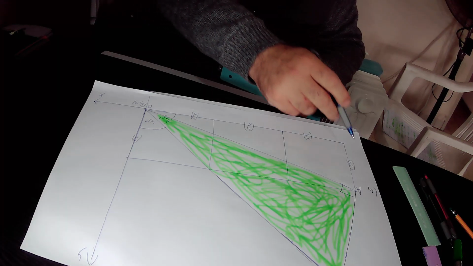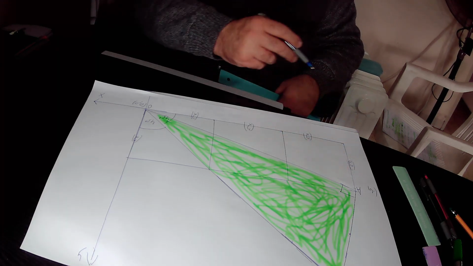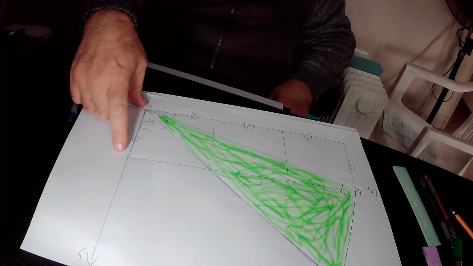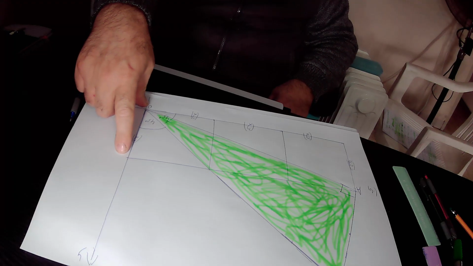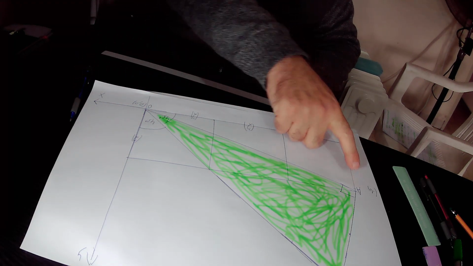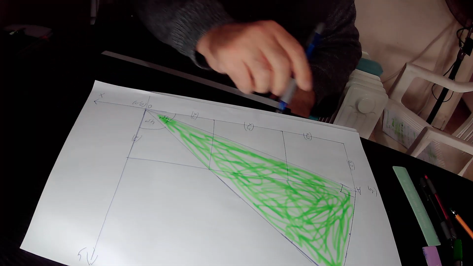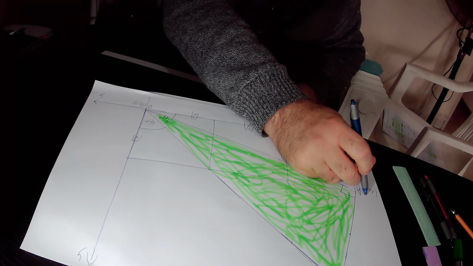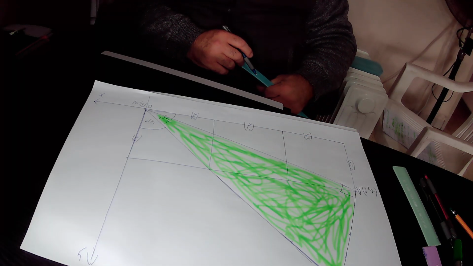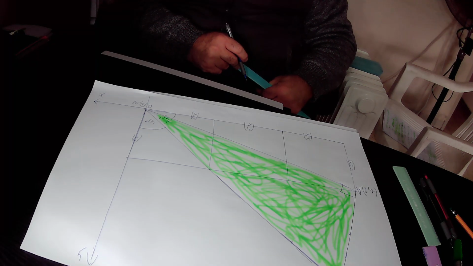Likewise, what is the coordinate y of this point A? We know that this side equals 2, so the coordinate y of point A is also 2. So in total, the coordinates of point A are minus 6, that is the x coordinate, and 2, that is the y coordinate.